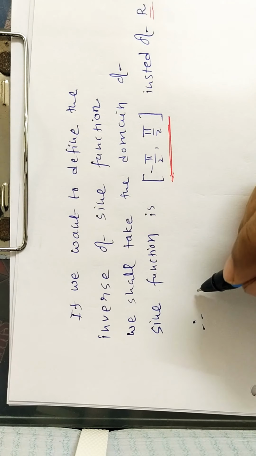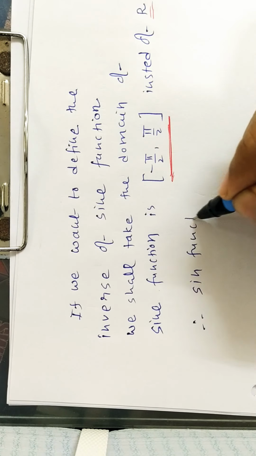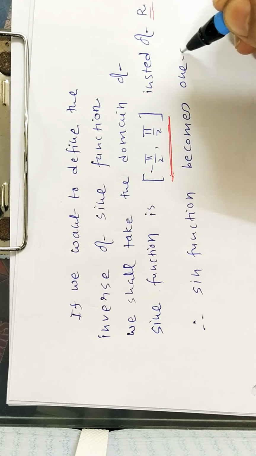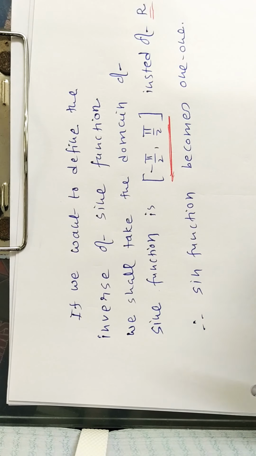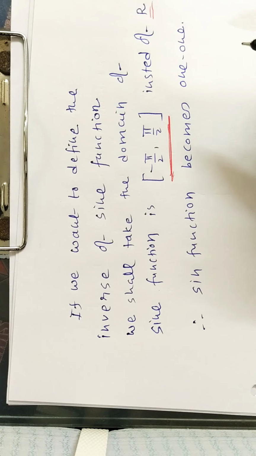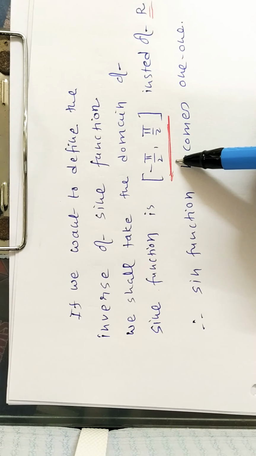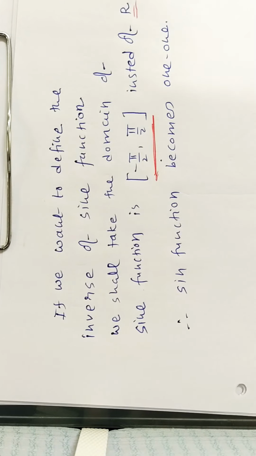So the sine function becomes 1-1. Remember that the domain of the sine function is R, but we want to make this function 1-1, so the domain will be restricted, and the new domain of the sine function is minus pi by 2 to plus pi by 2. In this domain the sine function becomes 1-1.